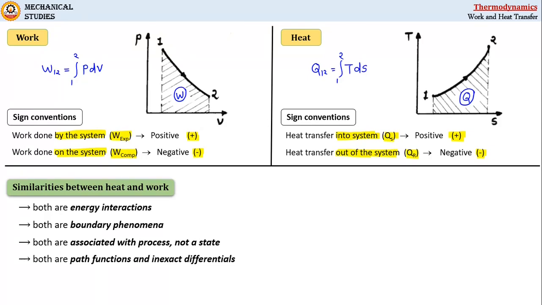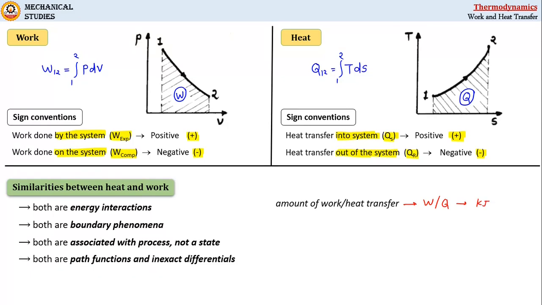Now at the end, let me tell you about different terminologies and notations you will find in these subjects regarding heat and work, so that it will not create confusion. Total amount of work or heat transfer will be denoted by capital letters like W or Q, and their unit will be joule or kilojoule.